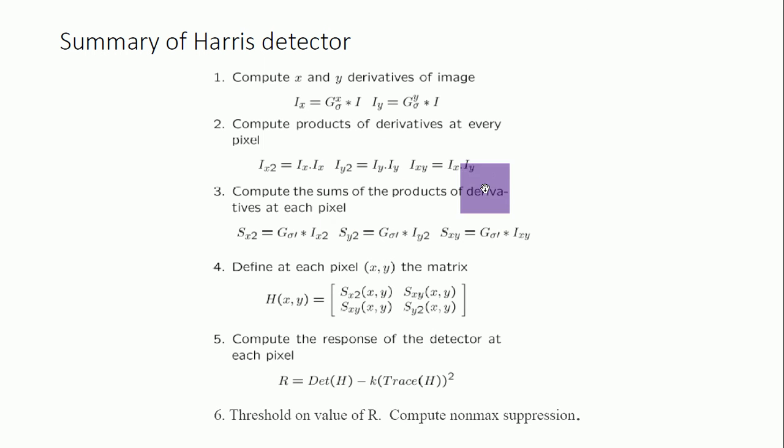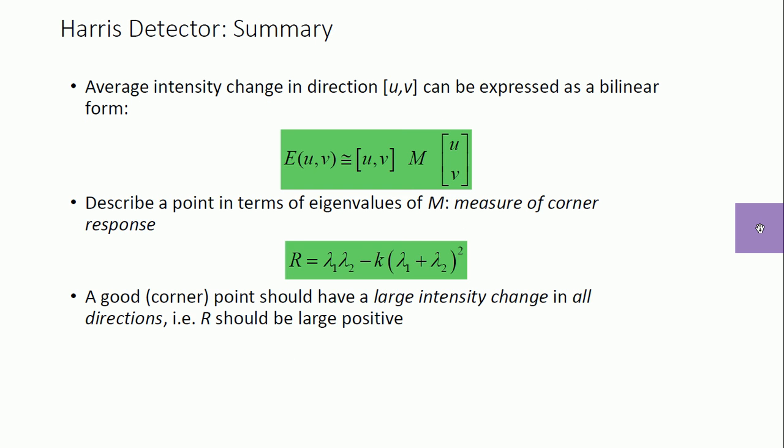Then compute the sums of the products of derivatives, define at each pixel (x, y) the matrix M, then compute the response of the detector at each pixel: determinant of M minus k times trace of M. Then threshold on the values of R, then compute the non-maximum suppression.